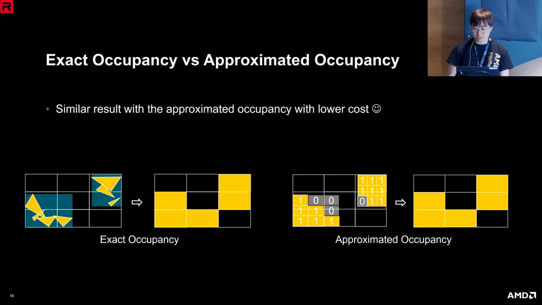So by using approximated occupancy, we can get a similar result with lower cost as we saw earlier. Since it's just an approximation, there is a trade-off between exact occupancy and approximated occupancy.